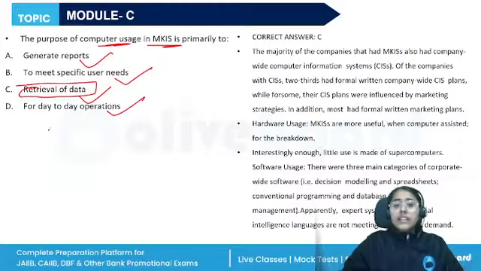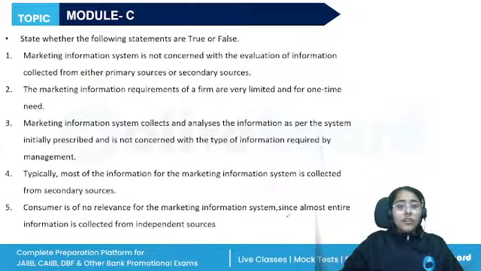There is hardware usage and software usage. Hardware is used when the computer is tested for breakdown, and software usage for decision modeling, conventional programming, expert systems, artificial languages. All right. Now you need to tell whether the following statements are true or false.